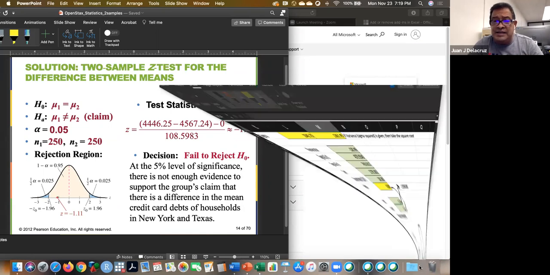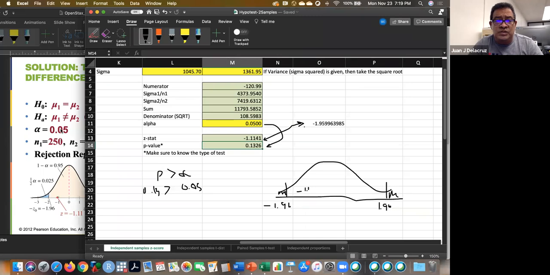So that's what we determine. Remember what we did here, alpha equal to 5%. We took 0.025, which is the cumulative area to the left, and 0.975 on the right.